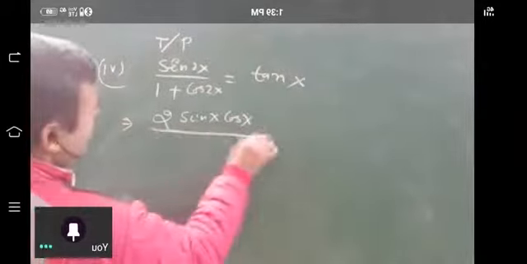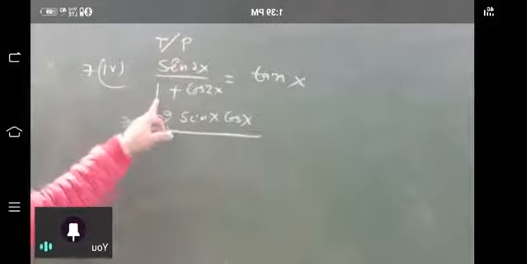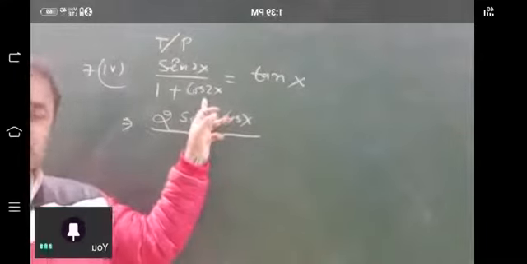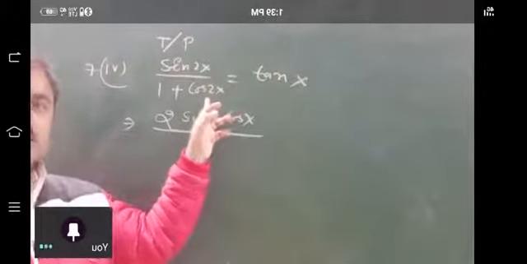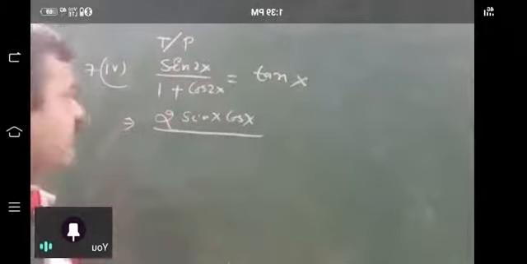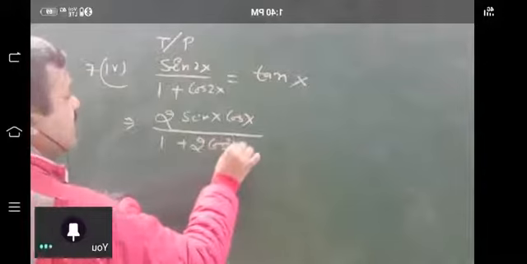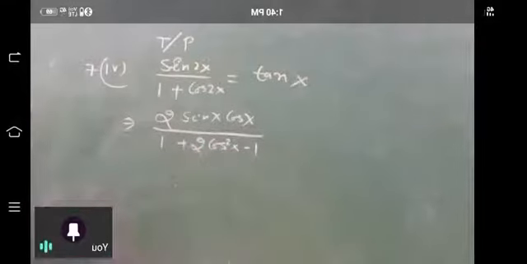And you know cos 2x in terms of cos x is 2 cos square x minus 1. If you apply the identity of cos 2x in terms of cos x, then the 1 will be cancelled out. So apply here 1 plus 2 cos square x minus 1. 1 and 1 cancel out.